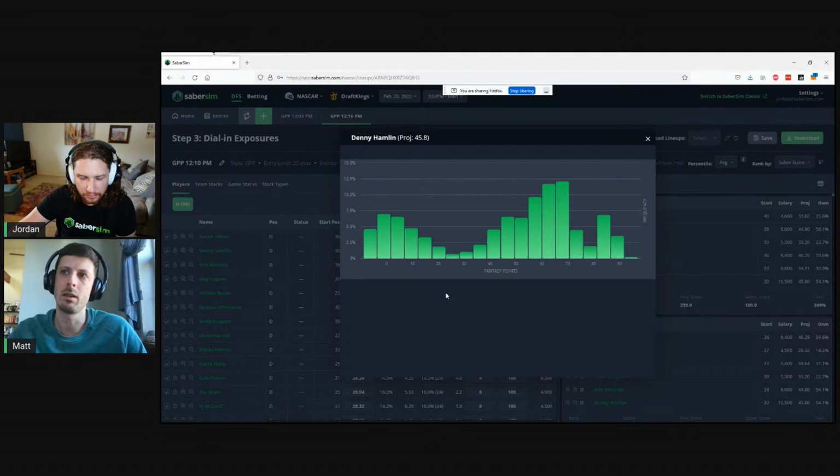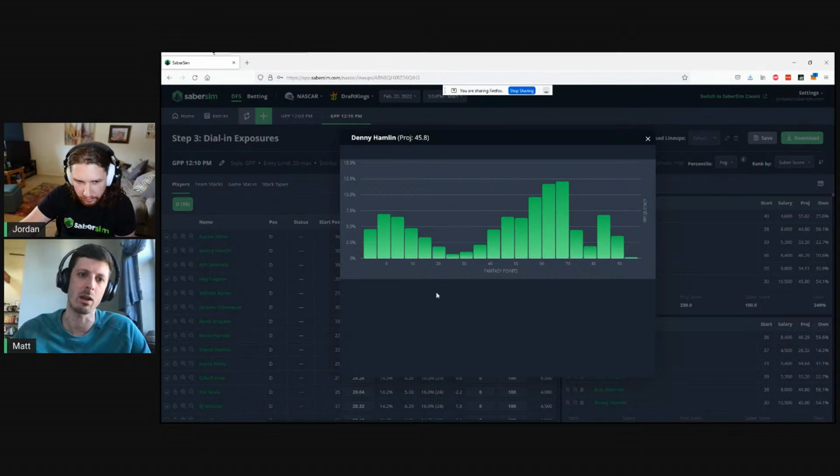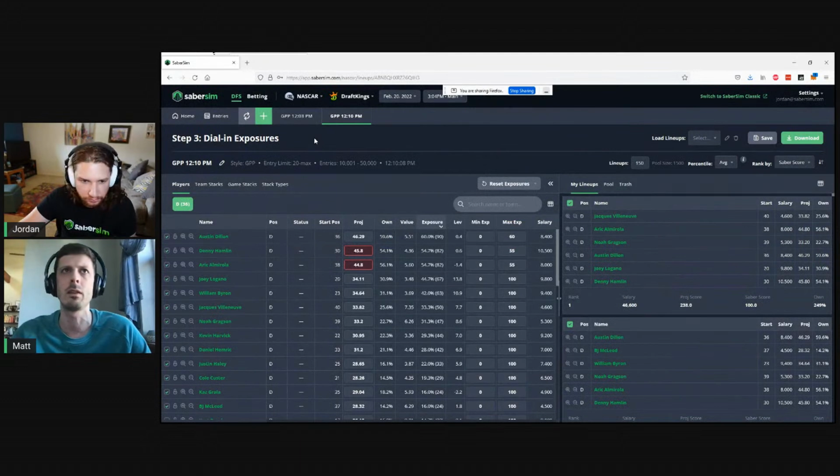The other thing would be fastest laps and laps led. There's a lot of correlation between winning and dominating. What they call dominators, for people that have played this for a while, is basically drivers that get a ton of fastest laps and laps led. I think there were about 400 laps in Daytona, and you get about half a point for each fastest lap, a quarter point for each lap led.